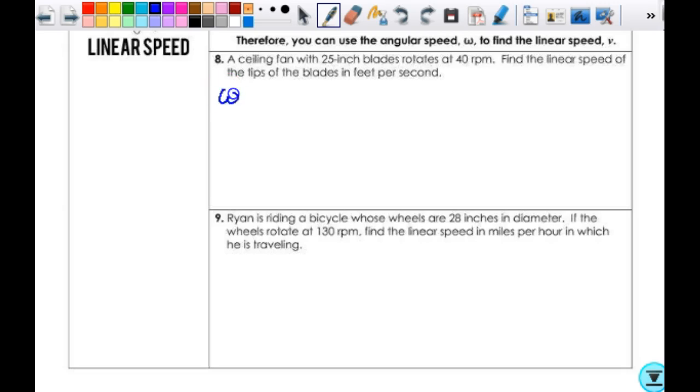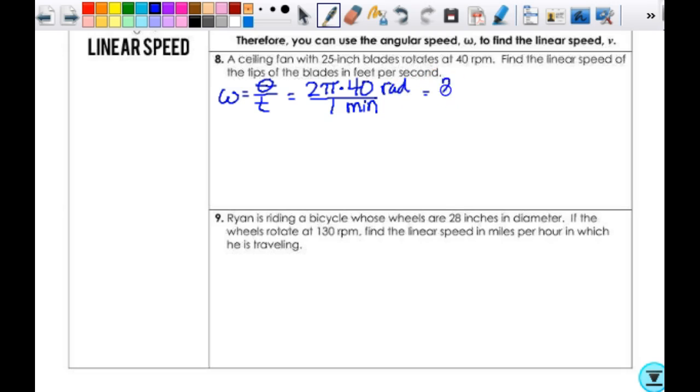So our angular velocity is theta over time. Right? So we find theta by taking 2 pi and multiplying it by the revolutions, which are 40, over time, which is, it's revolutions per minute, so this is 1 minute. Okay? And this is going to be radians, so we'll get radians per minute.